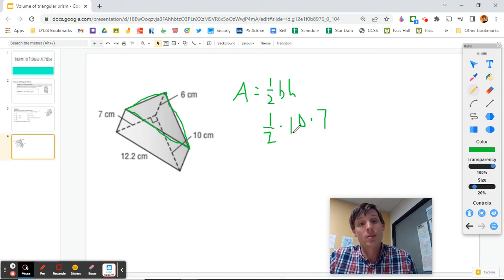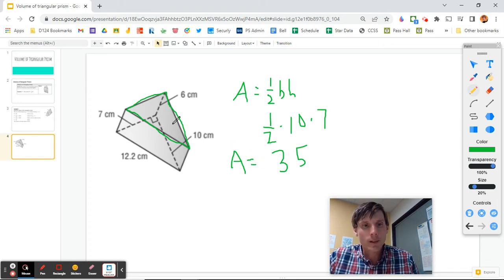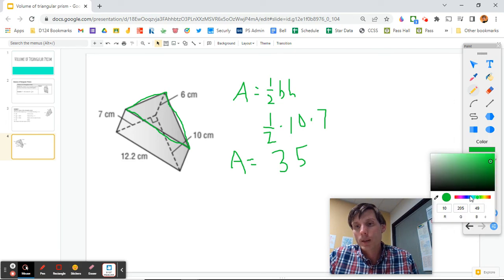So 7 times 10 is 70, and 1/2 of 70 is 35. So the area of that triangle itself is 35 centimeters squared. Great. Now that we have that, that was the area that I outlined. That's 35. We just need to multiply that by the height of this shape itself, right?